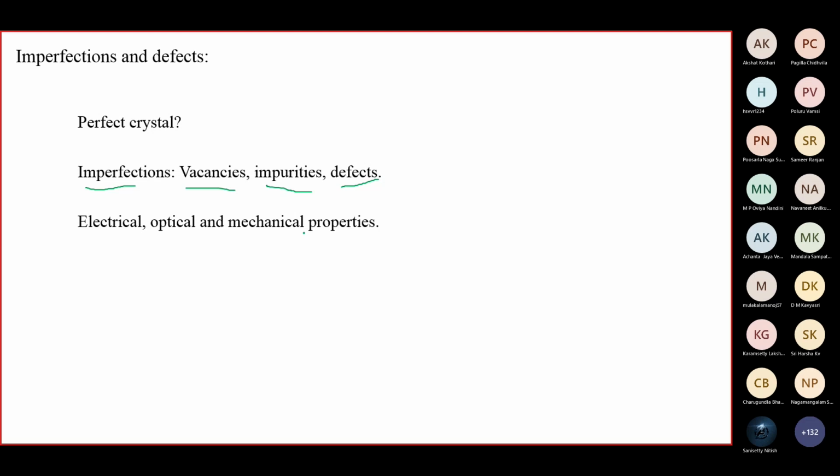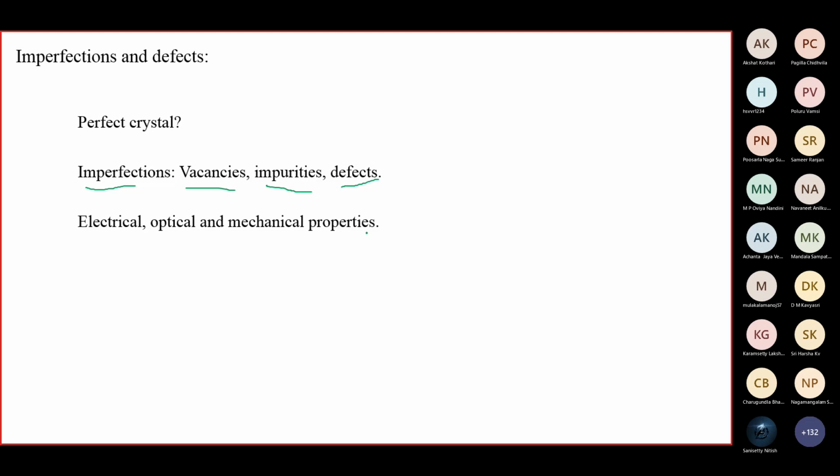So we have to be very careful when we use a material for fabrication. If you are designing or fabricating a device, we have to be careful what kind of material we are using, what the vacancies, impurities, and defects would be, and to what extent we can compromise on this. Whatever we compromise on is shown straight away by the electrical, optical, and mechanical properties of the devices.